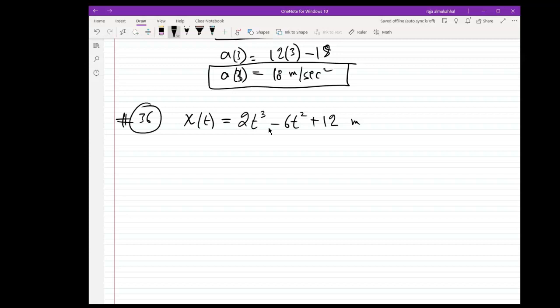Part A says, at what time does the particle reach its minimum velocity? At what time is v minimum?